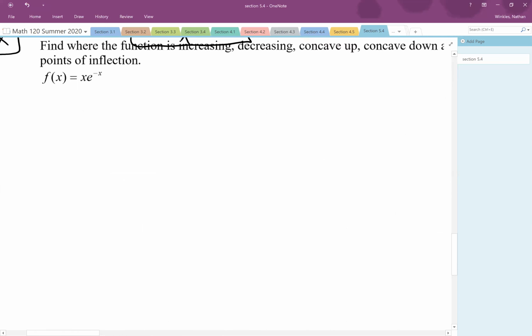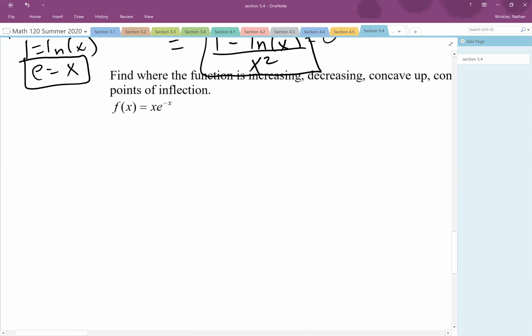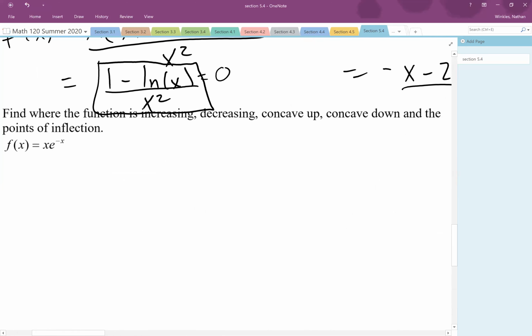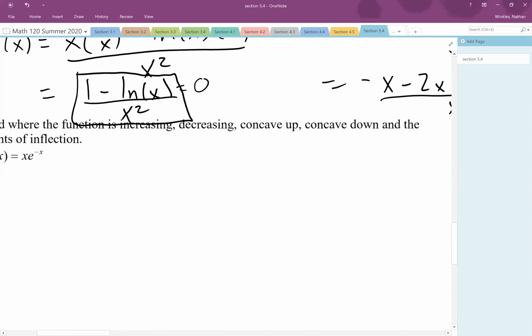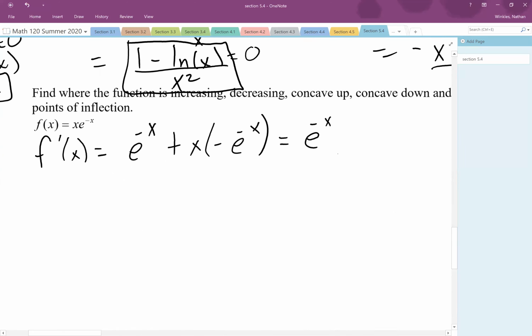So we're told, find the points where this function is increasing, decreasing, concave up, concave down, and the points of inflection. So we want to find out everything about this. So f prime of x is equal to e to the minus x plus x times minus e to the minus x, or e to the minus x times 1 minus x.